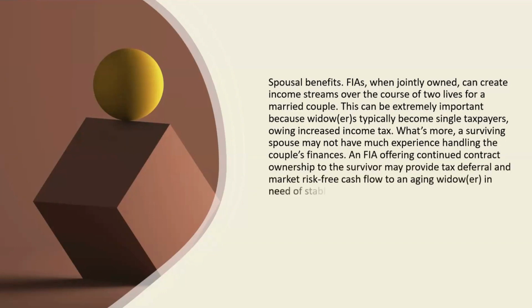A lot of this, I'm just showing it to you. I showed it to you last week. A fixed income annuity can offer continued contract ownership to the survivor and may provide tax deferral and market risk-free cash flow to an aging widow or widower in need of stable income.